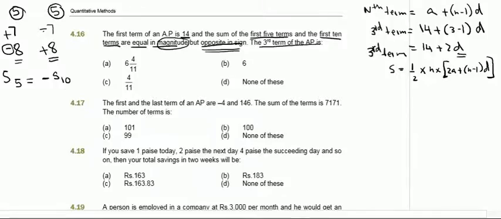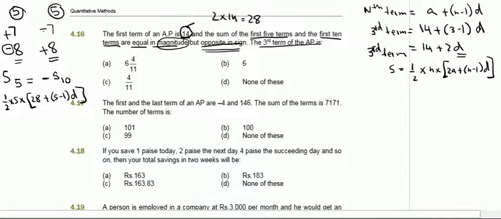For the first 5 terms we can say half into n into 2a. Our a is 14, therefore 2 into 14, or 2a, will be 28. I will directly write 28 over here. Half into 5 into (28 plus (5 minus 1)d). This is the sum of the first 5 terms.